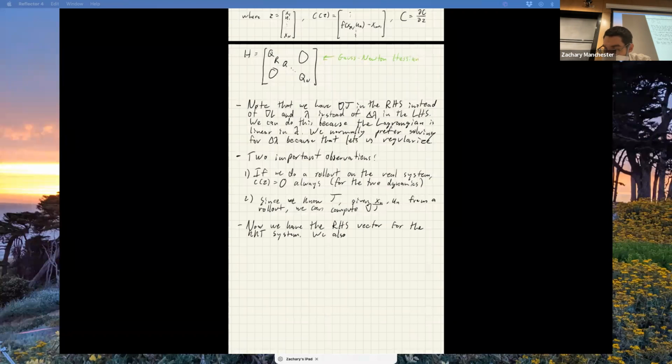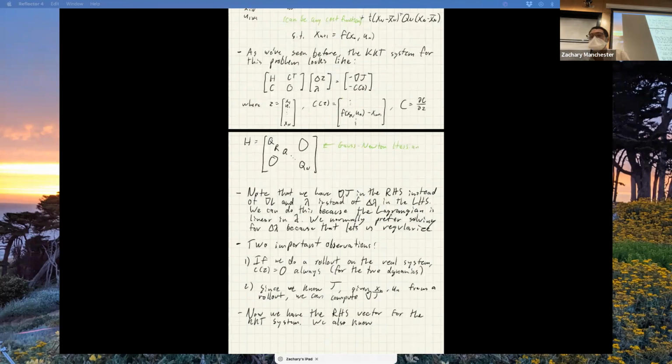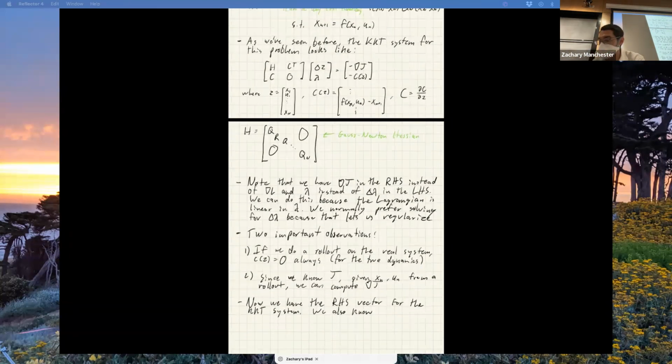We also know the H matrix, the Hessian of the cost. That's just stock, we can always evaluate that. It might be constant for a quadratic cost, it might not be, but we can always evaluate it.